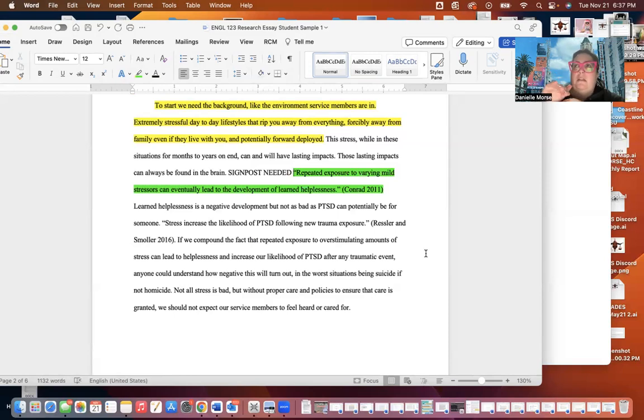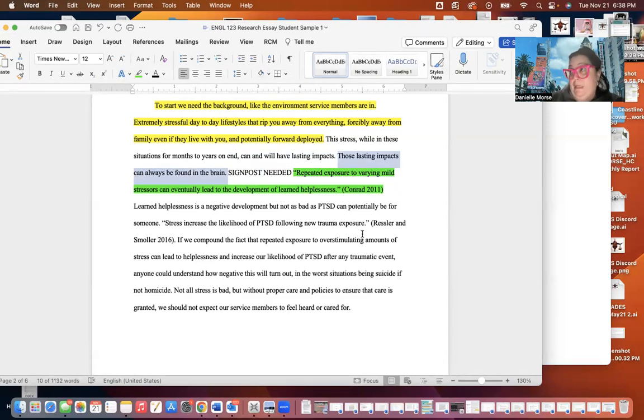whenever evidence is integrated, there's a lot that I'm looking for. I'm going to be looking particularly at the flow of information and the flow of how ideas are presented. So the sentence that comes before the quotation is, those lasting impacts can also be found in the brain.